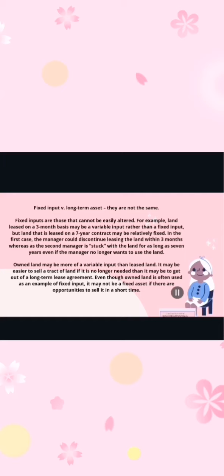In the first case, the manager could discontinue leasing the land within 3 months, whereas the second manager is stuck with the land for as long as 7 years, even if the manager no longer wants to use the land.